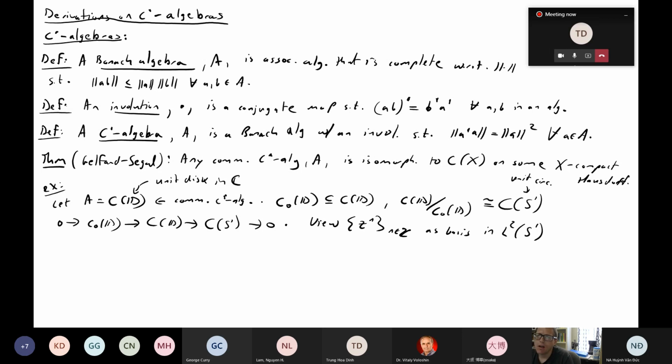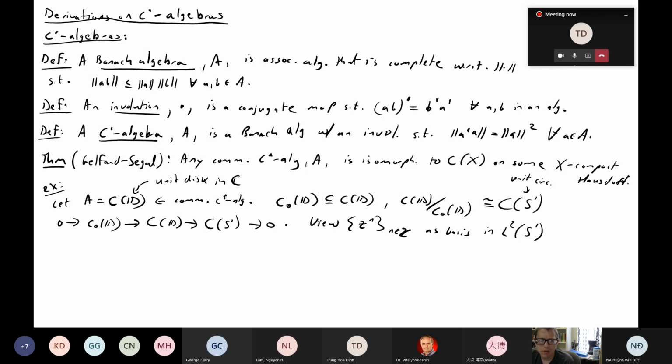It doesn't really matter, because they're all isomorphic, actually isometrically isomorphic. But the point is that I want to view these elements in L2, and I can naturally embed this C of D inside of L2 of D, if you want to be a little more precise.